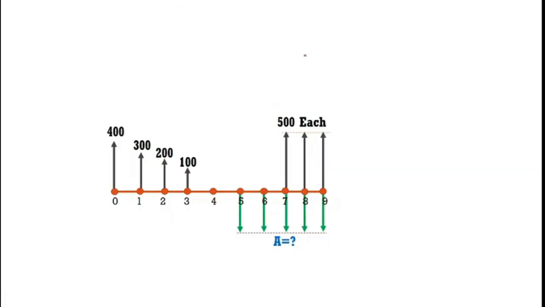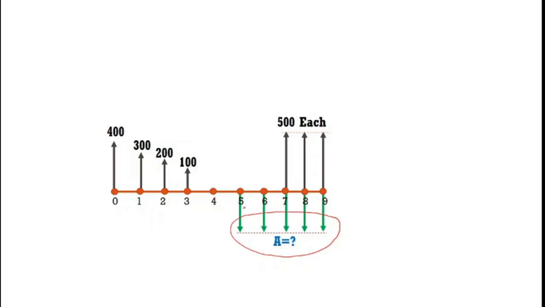Now let me choose another. So what we have is another series, what we call cash outflow, and we have to compute the value of this A. If I am interested in finding out the equivalence of these transactions, as this is a uniform series, I can use the standard relations.